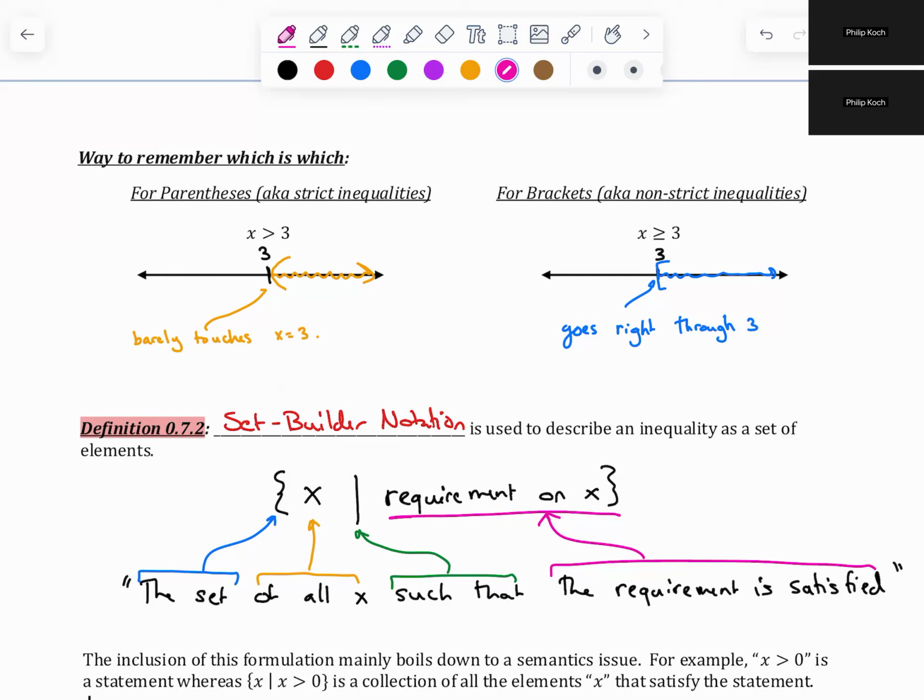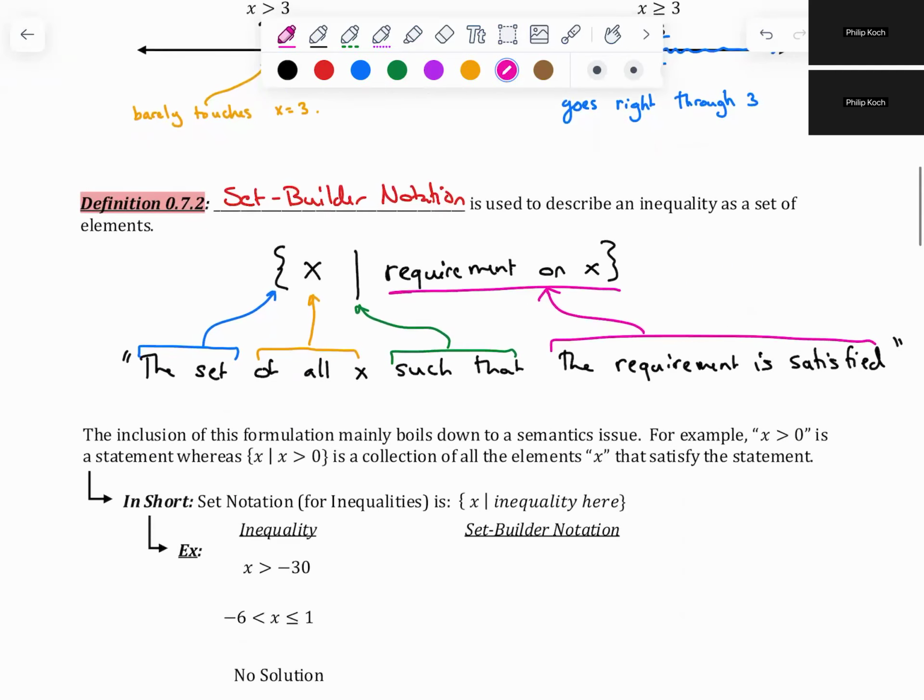But if I say curly brace x such that x is greater than 0, I'm saying the collection of all x values that satisfy that inequality. So it's just a semantics argument. It's a way to write down what the actual set is. So that's the main reason for it.